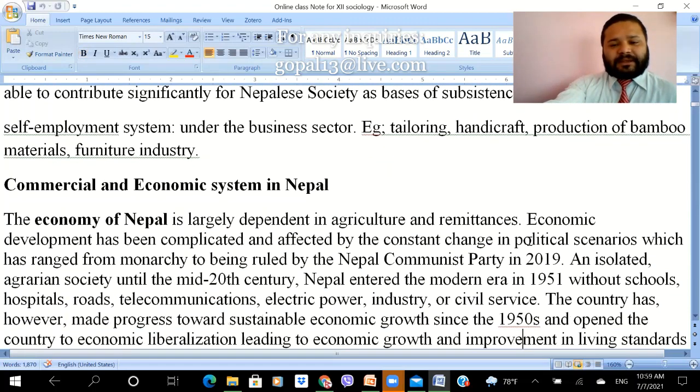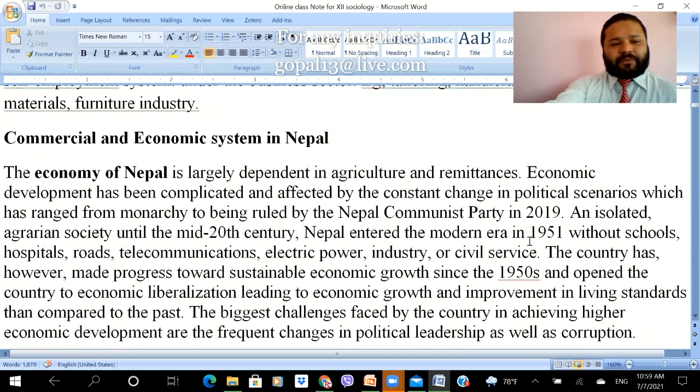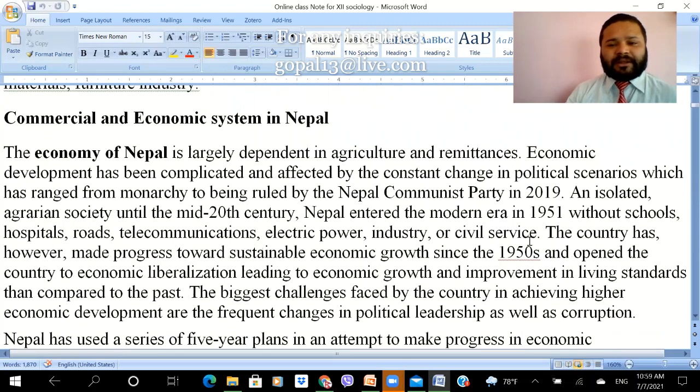And let's have a look at the commercial and economic system in Nepal. What is the history of commercial and economic development? Commerce and economy is highly related to the transaction of economy.